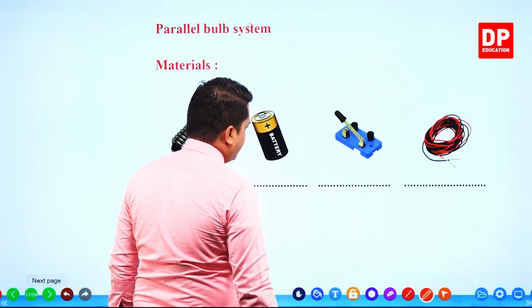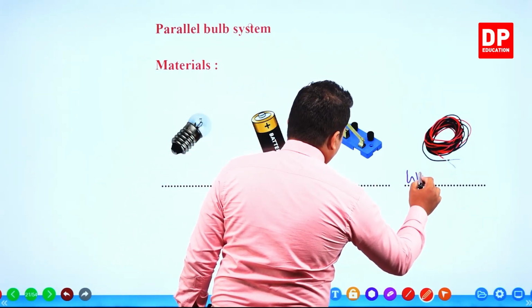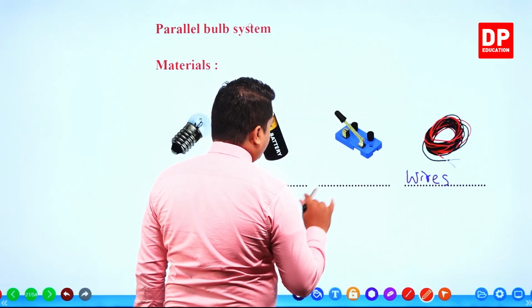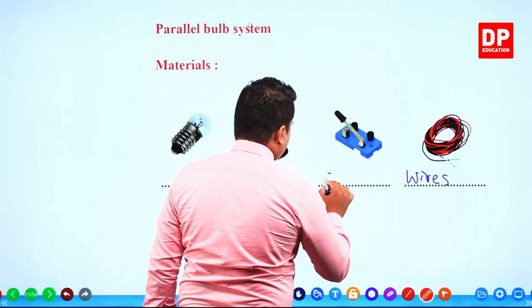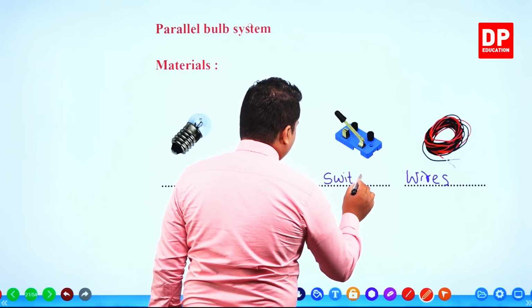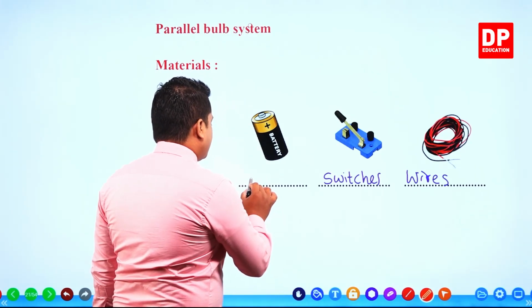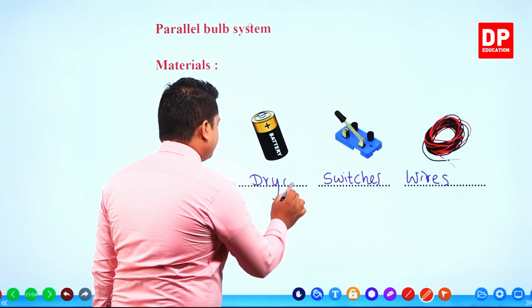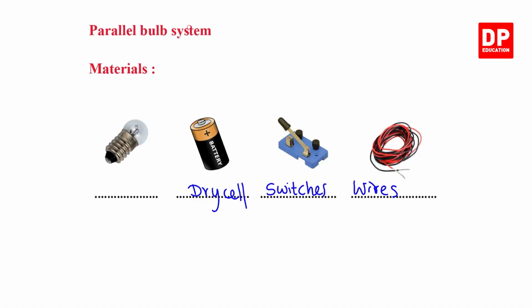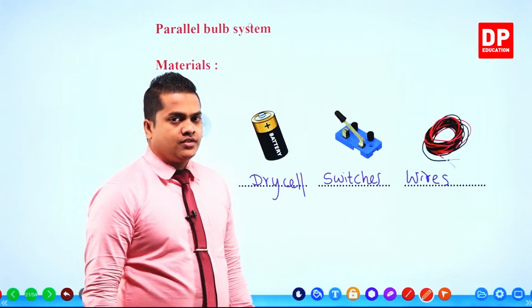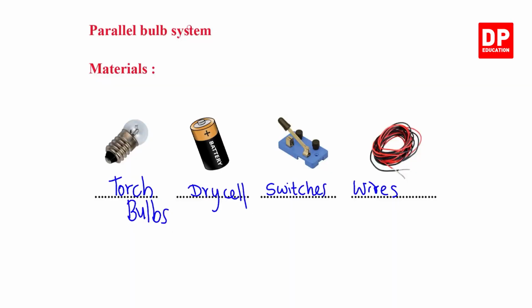First of all, to connect, we need wires. Then we need a switch to turn on and off the circuit. Then dry cells to provide electricity. Then torch bulbs. These are the appliances that we use to check what happens with the parallel connection.